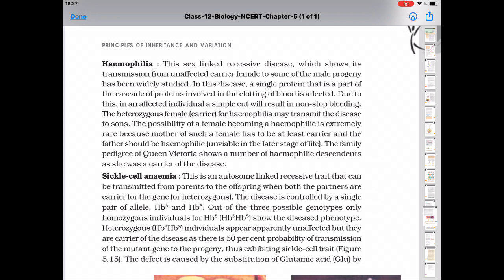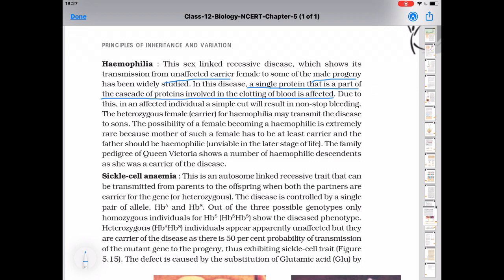Hemophilia is a sex-linked recessive disease which shows its transmission from unaffected carrier female to some of the male progeny. This means from the carrier female it goes to the male progeny. In this, a single protein that is part of the cascade of proteins involved in the clotting of blood is affected.